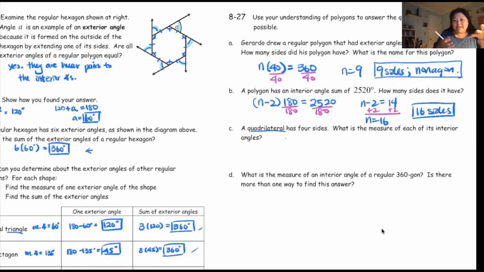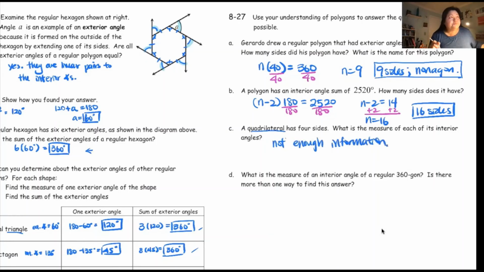They don't have to be the same, right? Remember, it could be a parallelogram. It could be a non-congruent, non-parallel shape that is 4-sided. So I don't have enough information. I need to know more about it. Is it parallel? Is it a rectangle? What specific shape is it? So there's not enough information for this one. All right, that's okay.